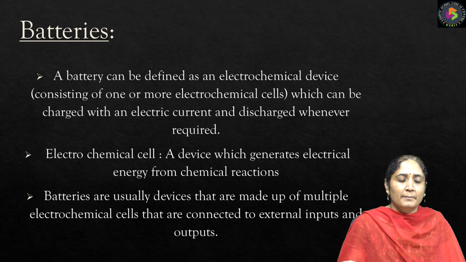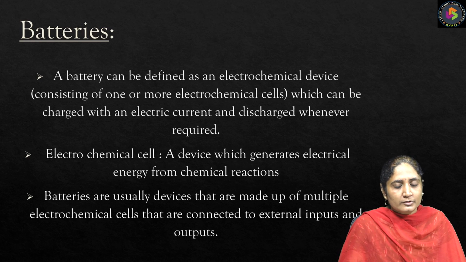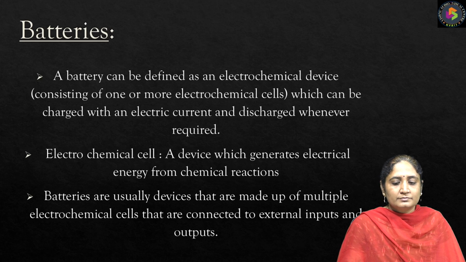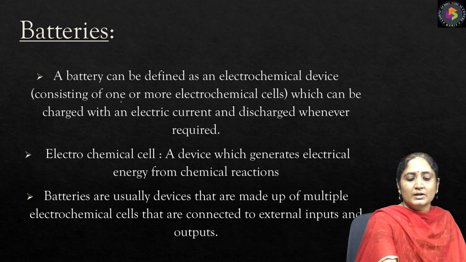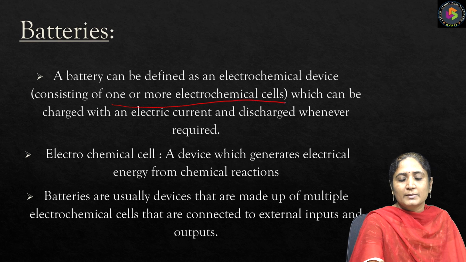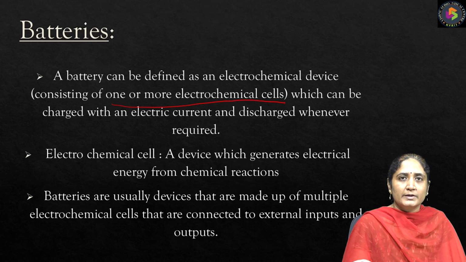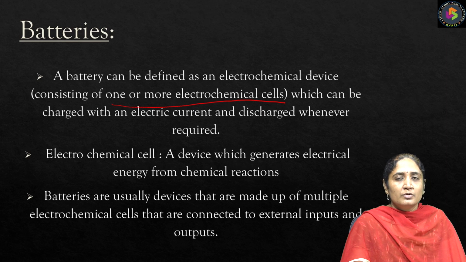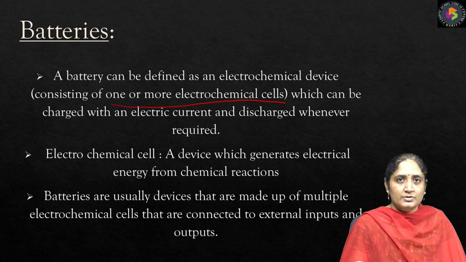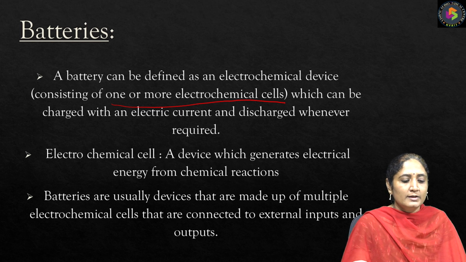A battery consists of one or more electrochemical cells which are combined to form a battery, and which release energy in the form of electrical energy. That is meant by battery.